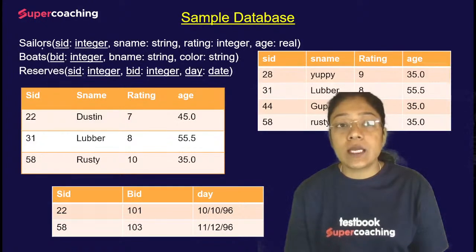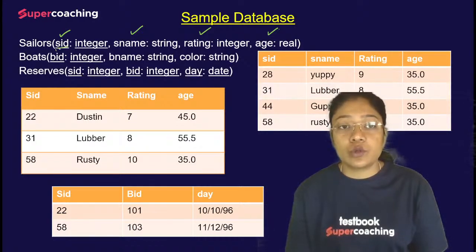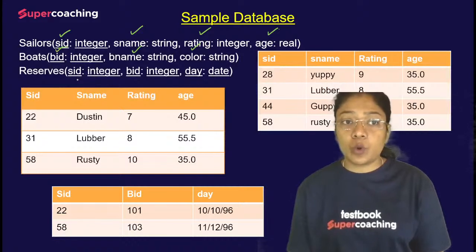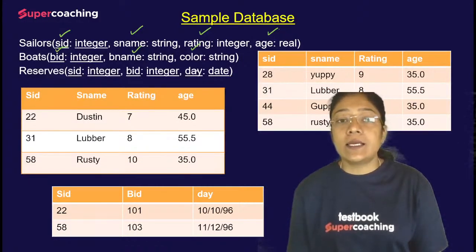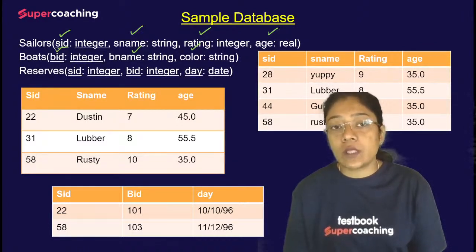Sailors has four attributes: SID, name, rating, and age. Similarly, boats has three attributes: boat ID, boat name, and color. Reserves has the attributes boat ID, sailor ID, and day. The underlined attribute represents the key for that relation.